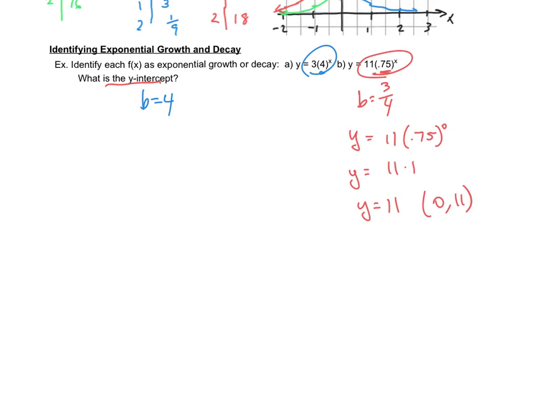So I have a growth factor, so I have exponential growth. And then when I plug in 0 for x, I'm going to get y equals 3 times 1, because 4 to the 0 power is 1. So y equals 3, and my y-intercept is going to be (0, 3) for those two.